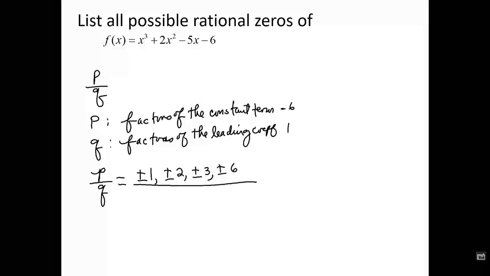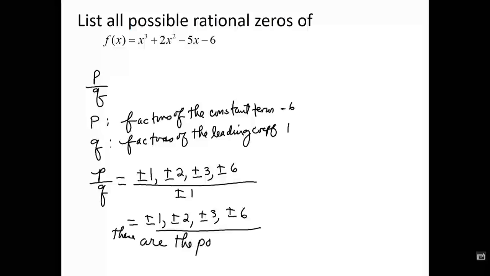The leading coefficient is 1, so of course it's plus or minus 1. So plus or minus 1, plus or minus 2, plus or minus 3, plus or minus 6 upon dividing by plus or minus 1. So these are the possible rational zeros.